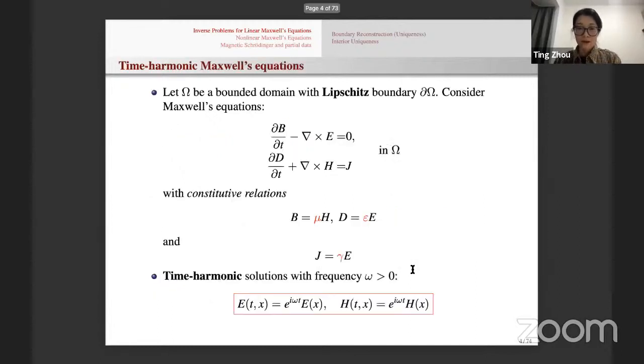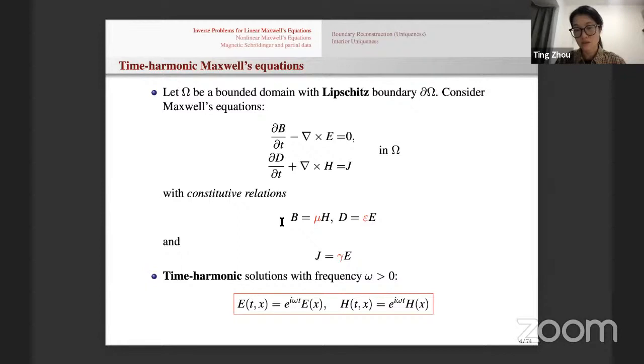Okay. All right, so let me first talk about the time harmonic Maxwell's equations. We consider the most general time-dependent Maxwell's equations given here in a bounded domain omega with Lipschitz boundary. And we assume linear constitutive relations.